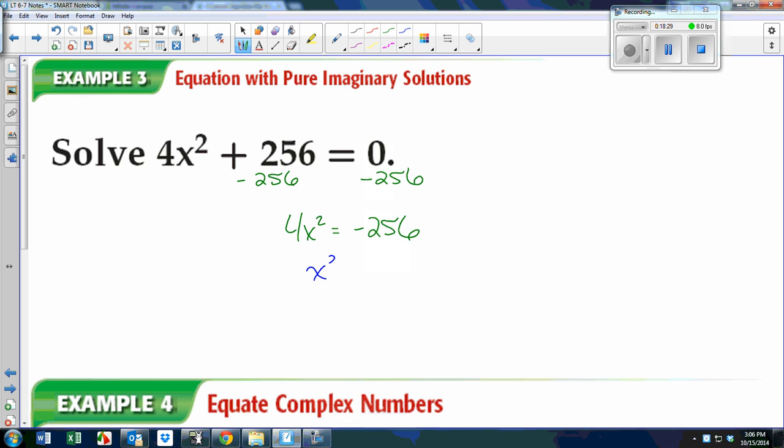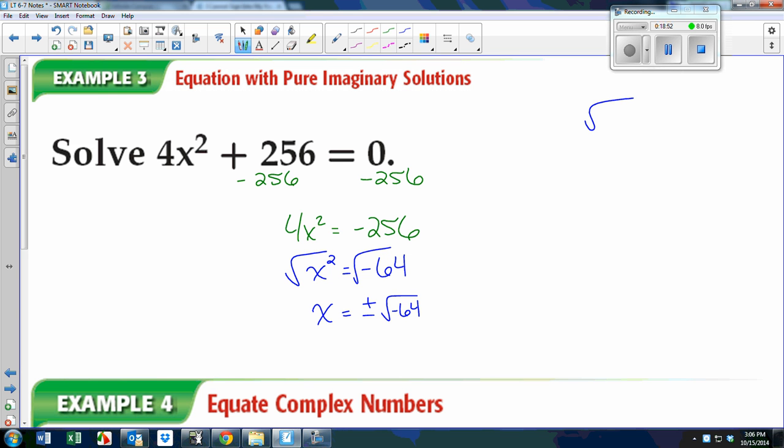We'll notice that x squared is now equaling -64. To solve for x, we have to take the square root of both sides, and there comes the square root of a negative. So x equals, don't forget that there's a positive or a negative answer, plus or minus. Again, that's back to the Bell work. Plus or minus the square root of -64.